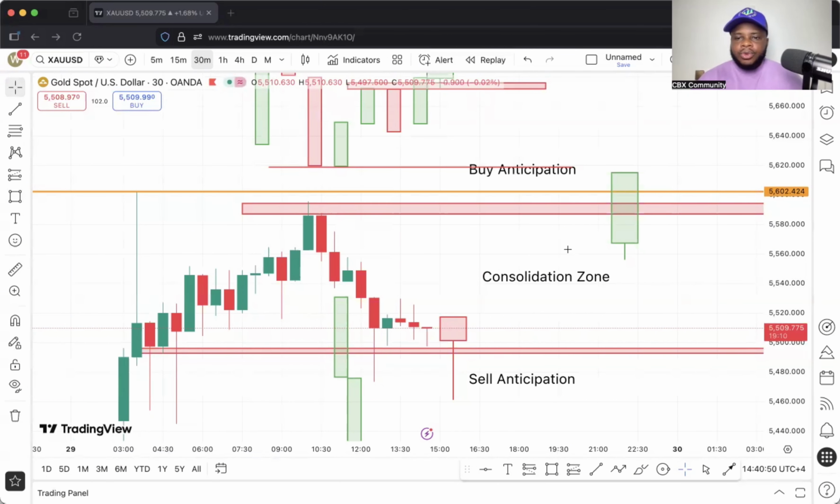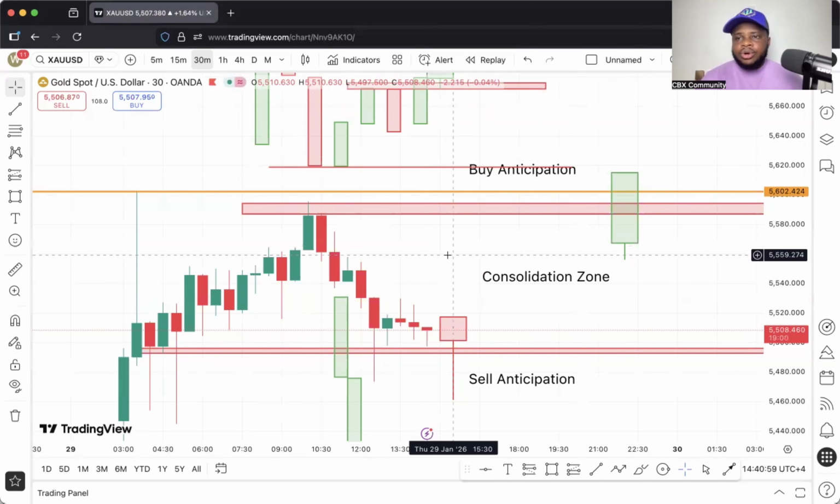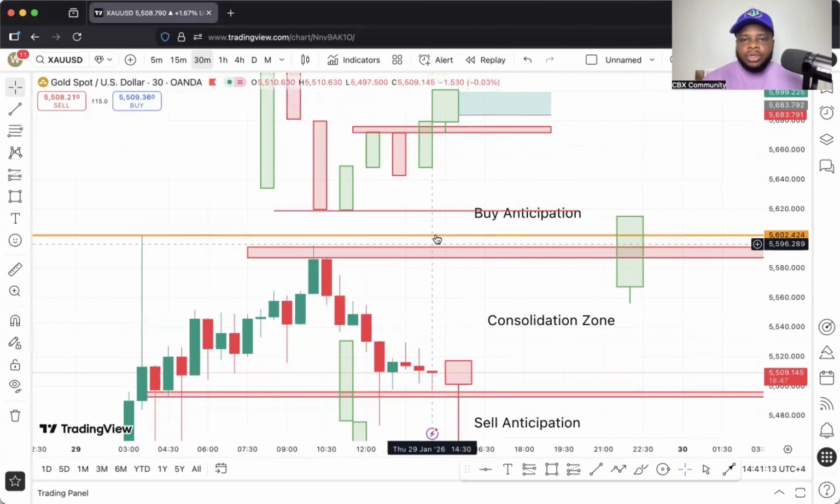Apart from whatever I'm teaching here, and everybody is seeing what I'm doing, there are still a lot of things that you guys need to know. So it's very important for you to utilize the free courses that we have in our academy, because you definitely learn more than just waiting for a candle to close above the resistance or above the support.